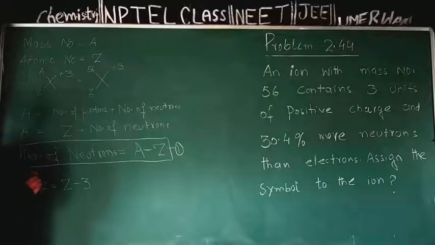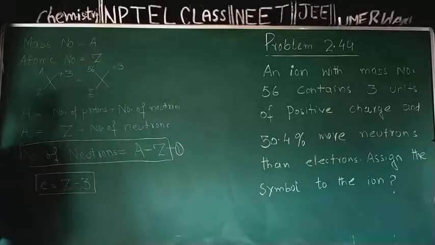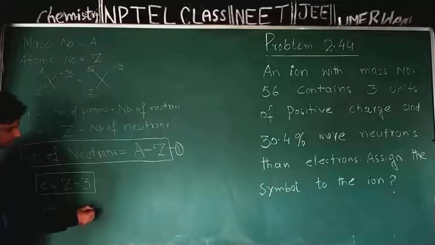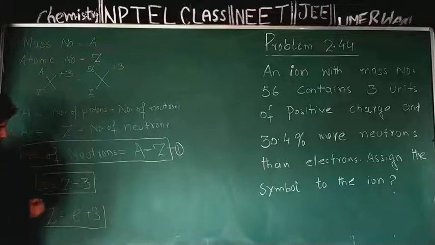So number of electrons in this tripositive cation are Z minus 3, atomic number minus 3, number of protons minus 3, because in neutral atom number of electrons is equal to number of protons, but cation is tripositive, it has lost 3 electrons. From here I can write Z is equal to E plus 3, number of protons will be 3 greater than number of electrons.